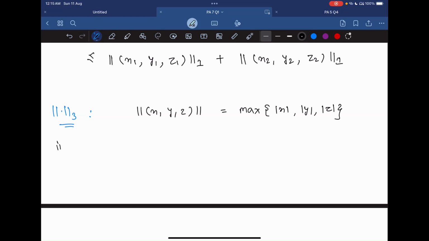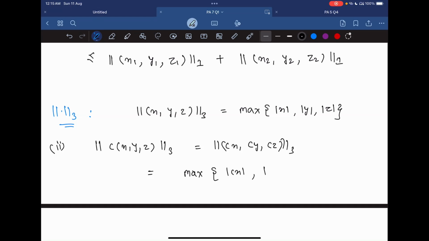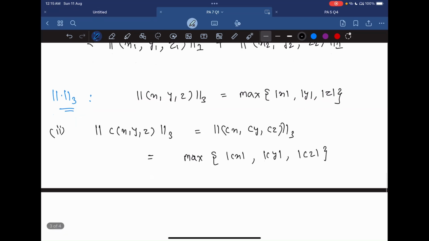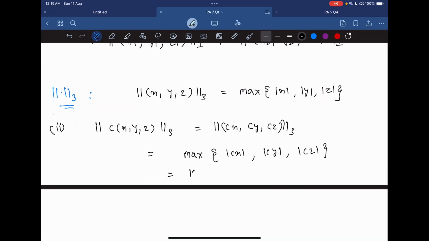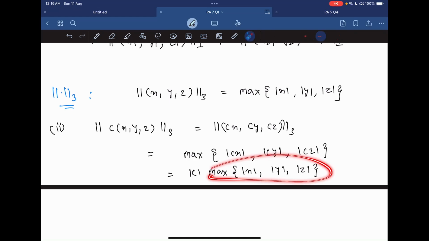For the second condition, that is c times (x, y, z), again we can take the modulus of c common and we are left with the same expression. So the second condition is also satisfied.